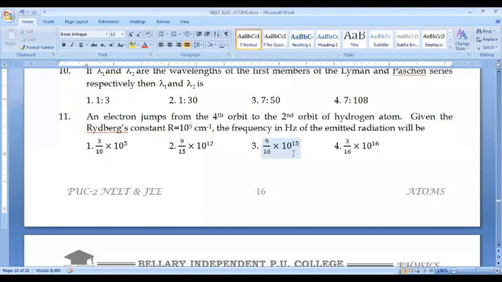Given that Rydberg constant R is equal to 10 to the power of 5 per centimeter, not meter. The frequency in hertz of the emitted radiation will be. So that is the question. Okay, now check.